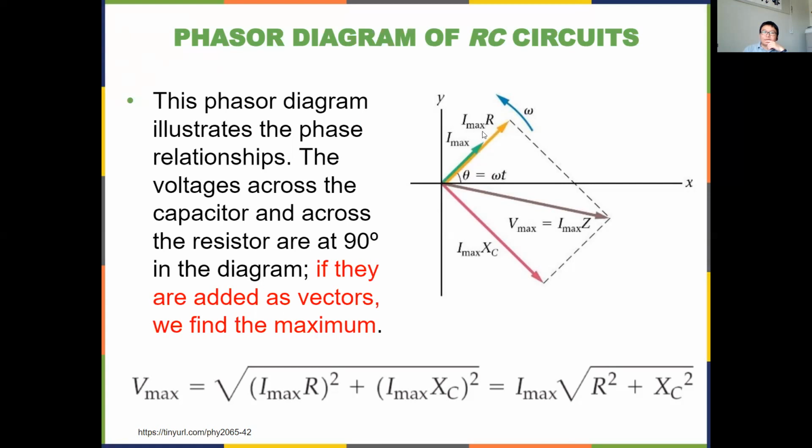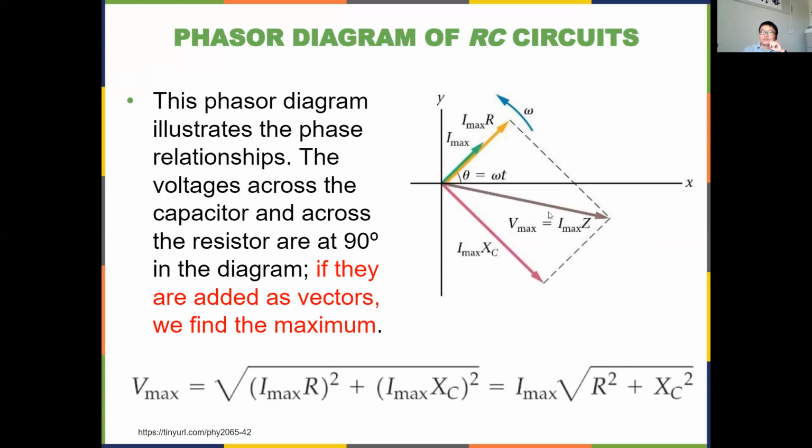Imax times R will be the voltage on the resistor. The voltage on the capacitor will be Imax times XC, the voltage phasor for the capacitor. You can see they have a 90-degree angle.